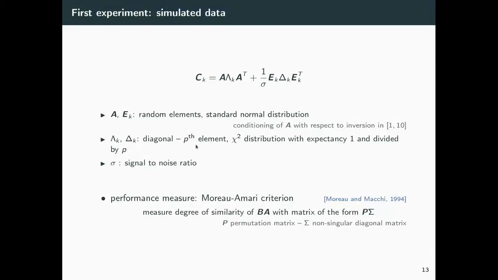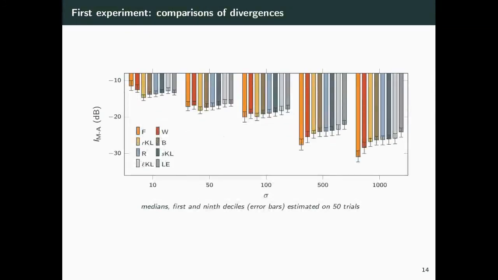So the pth element is divided by p. So it's also something to take into account, because if we take a different way to simulate the matrices, the results might be very different, and the results with respect to the different criteria might be very different.